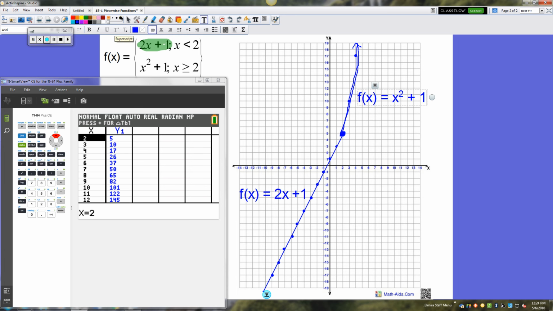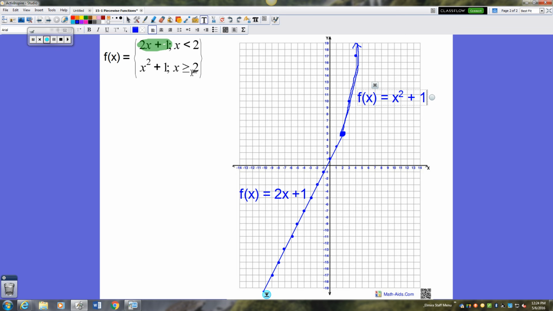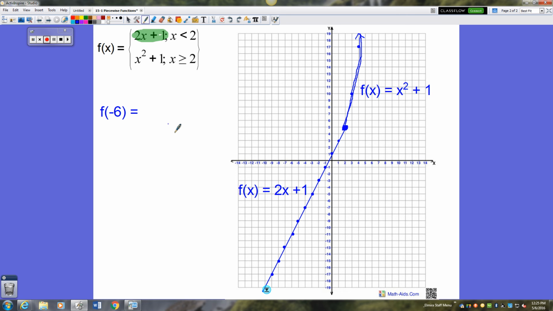Okay. So something else that your homework asks you to do, on some of your problems, is to evaluate. So what if it was f of negative 6? What would that be? Let's do this from the graph because it's a common sense thing when you see it on the graph.